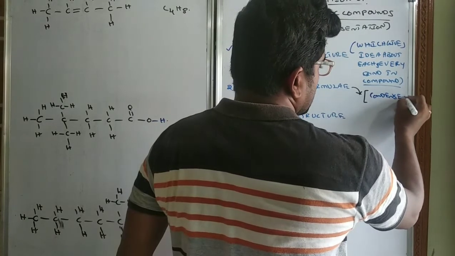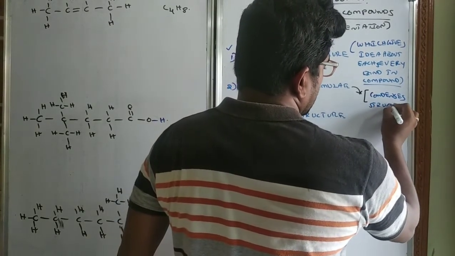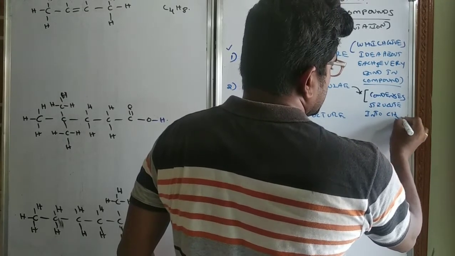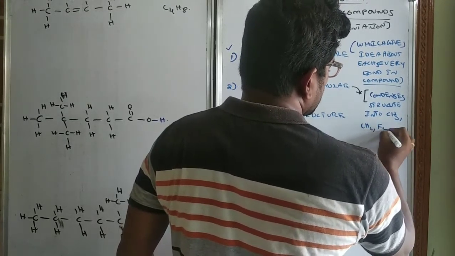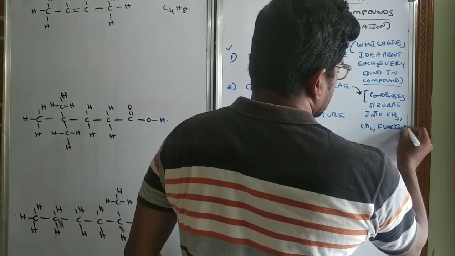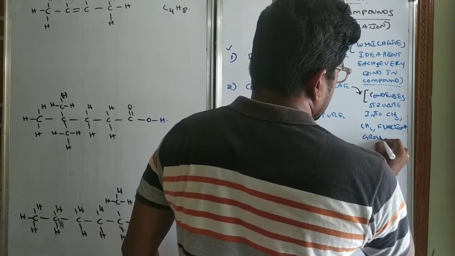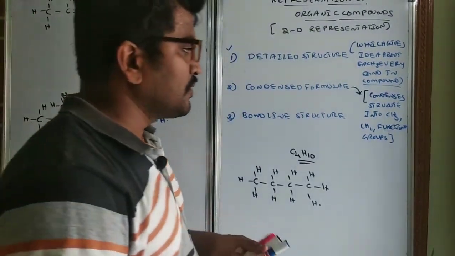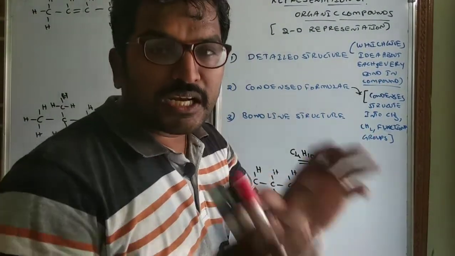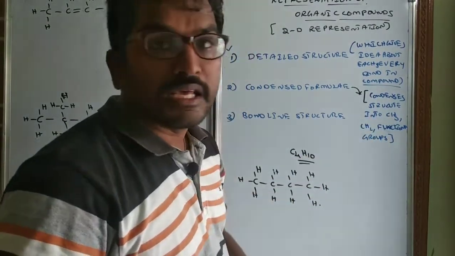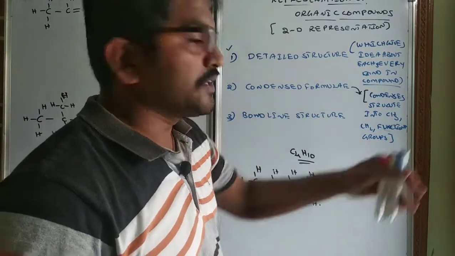It condenses the structure into CH3, CH2 and then functional groups. It represents the molecule in terms of CH3 groups, CH2 groups and the functional groups.